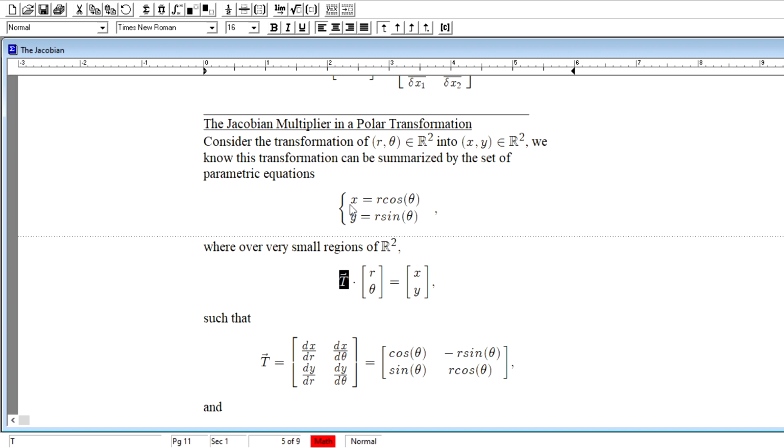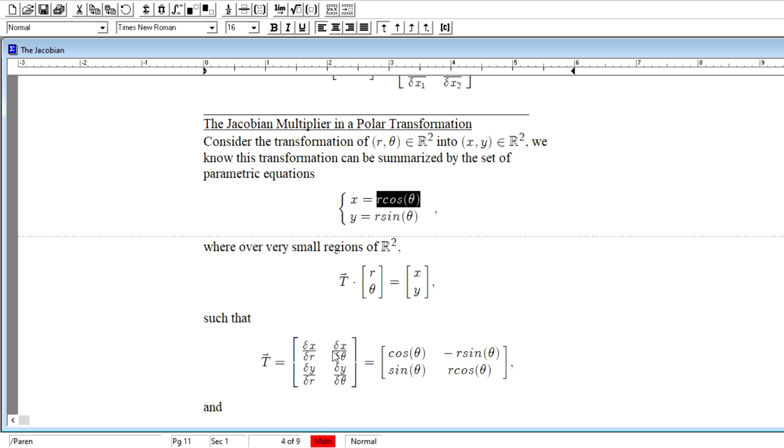Such that what would be that transformation matrix? Well, it would be given by the partials of x with respect to r and with respect to theta, and the partials of y with respect to r and with respect to theta. Now the partial of x with respect to r is just cosine theta.